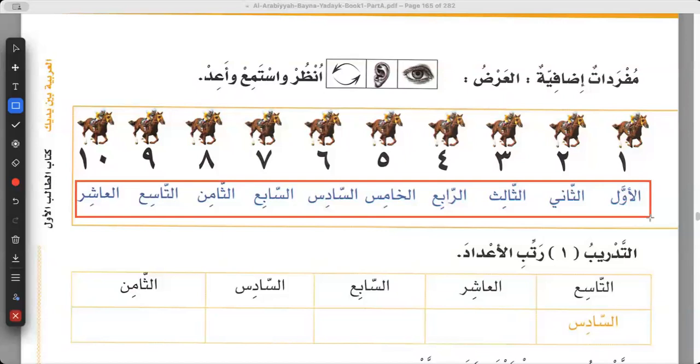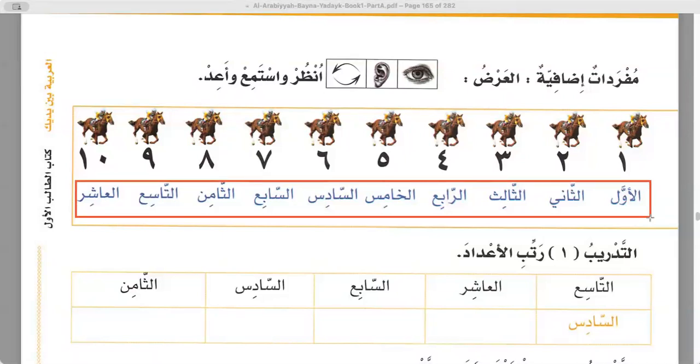As-sabi', the feminine is as-sabi'a. As-thamin, as-thamina. At-tasi', at-tasi'a. Al-ashir, al-ashira.